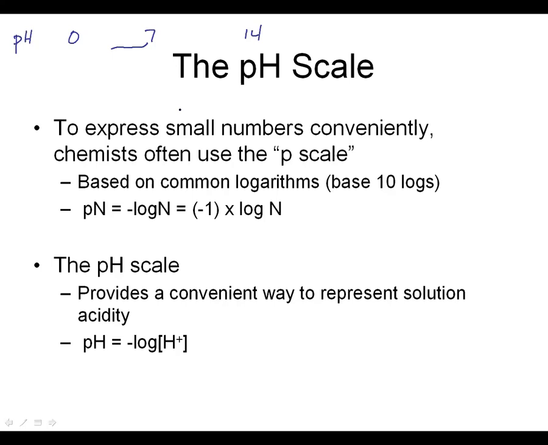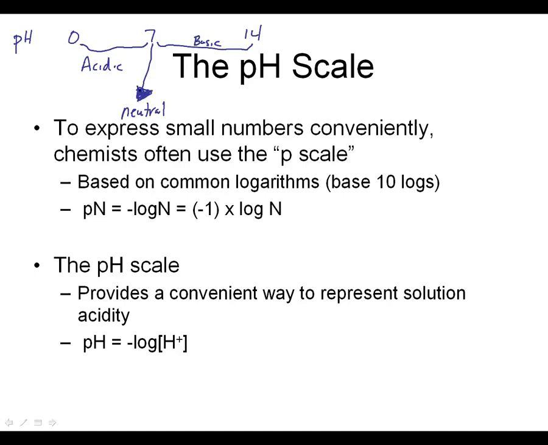Above 7 to 14, it's basic. And technically speaking, dead on 7 is neutral. We'll talk about why that is in just a second. We actually already talked about it, but we'll reiterate it. For us, we're going to go with that just to make it simple.